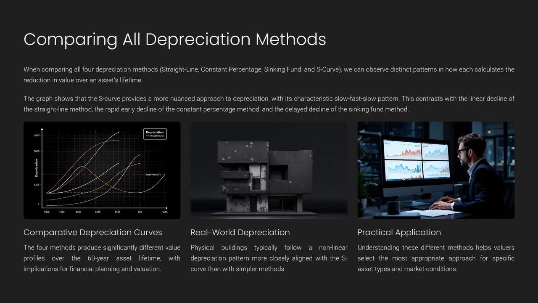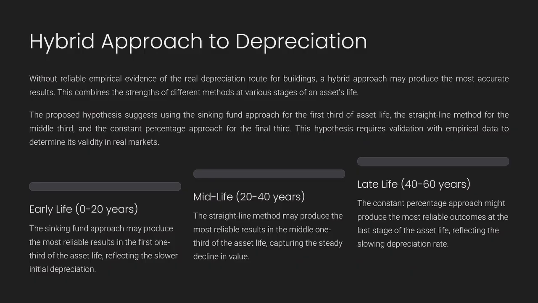So how can you use this? Instead of using a simple method, you can use a hybrid approach to depreciation. Without reliable empirical evidence of the real depreciation rate for buildings, a hybrid approach may produce the most accurate results. This combines the strengths of different methods at various stages of an asset's life.